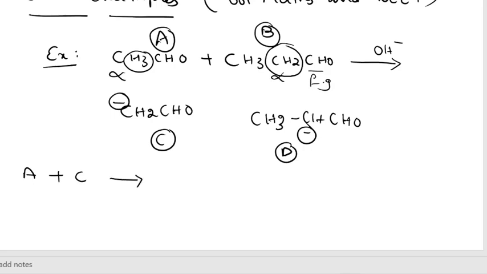And instead of C, if it combines with D, acetaldehyde readily forms another aldol product here. Similarly, B combines with C and B combines with D, readily forming 2 more products, right?